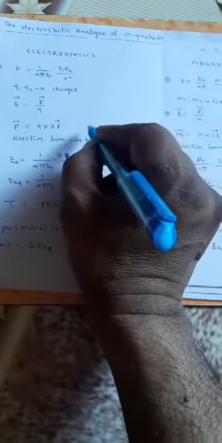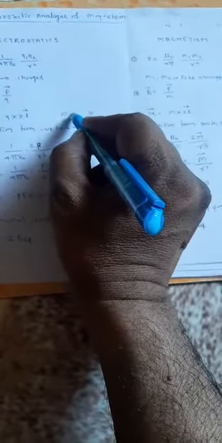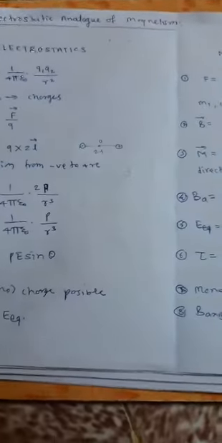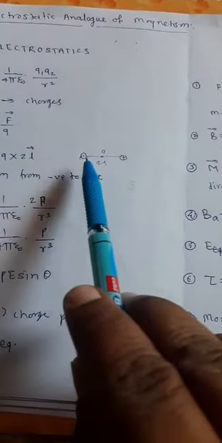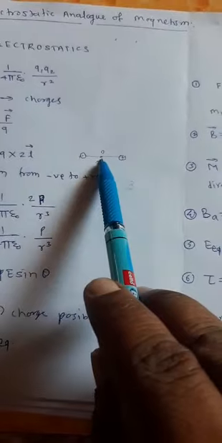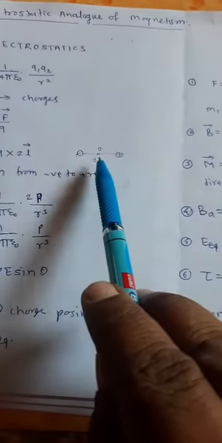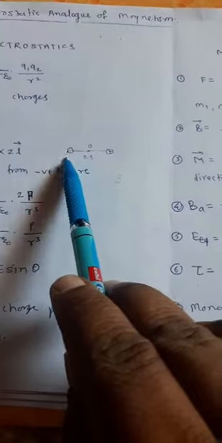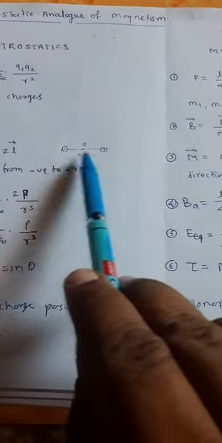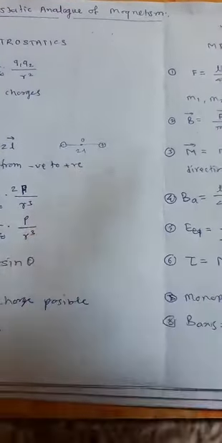We know that an electric dipole consists of two charges, one negative and another positive. The distance between these two charges is termed 2l, with O being the center of this dipole. The negative charge is situated at a distance l from the center and the positive charge is also placed at a distance l from the center. Therefore, the distance between these two charges is equal to 2l.